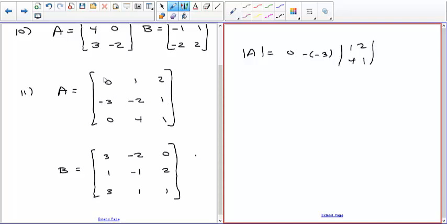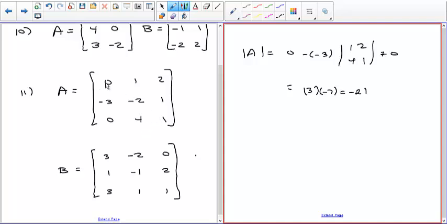And then you get 0 plus 0 from this one. So we just have this middle term. You'll have 1 times 1 is 1, minus 8 is negative 7. So you'll have positive 3 times negative 7 is equal to negative 21. So that's the determinant of A.